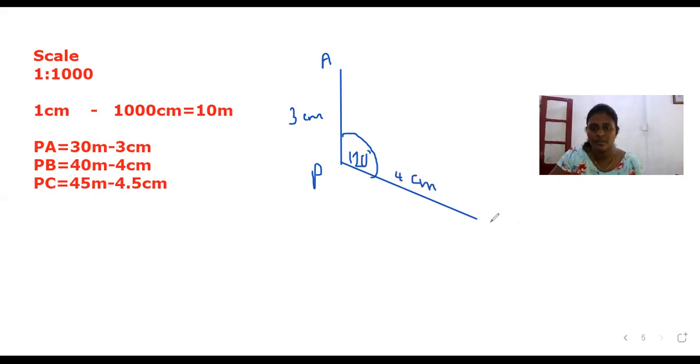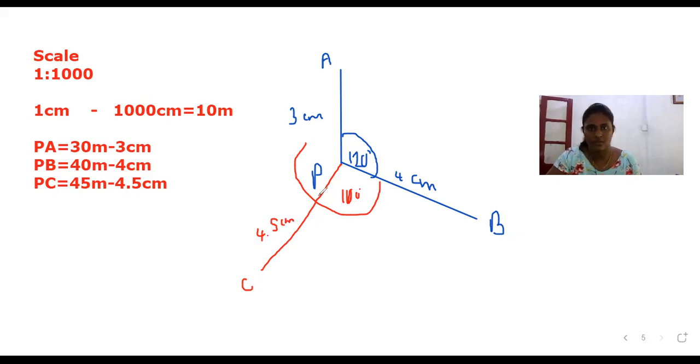And this is the position of B. And then again, keep the protractor along this way. If you take 100 here, then altogether it will be 220. That is the position of C. The length of that line is 4.5 centimeters.